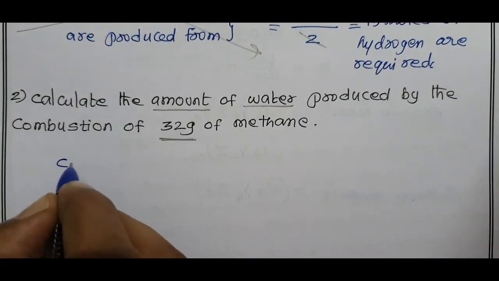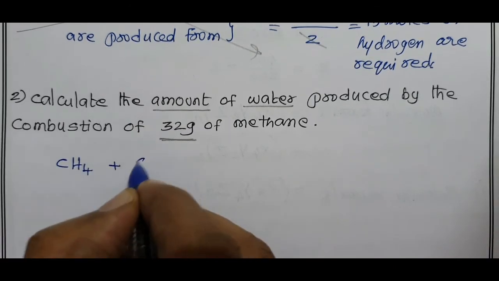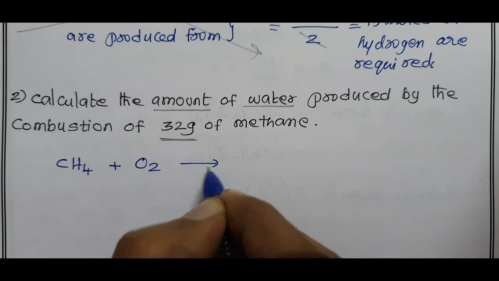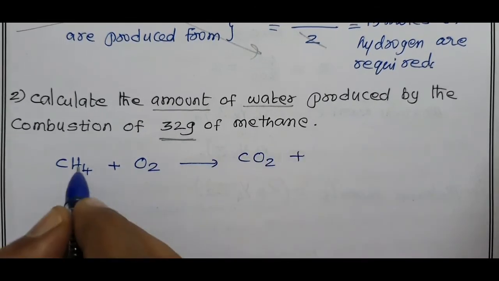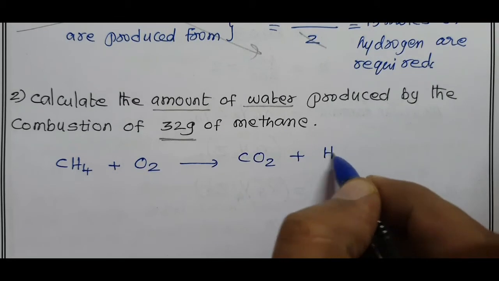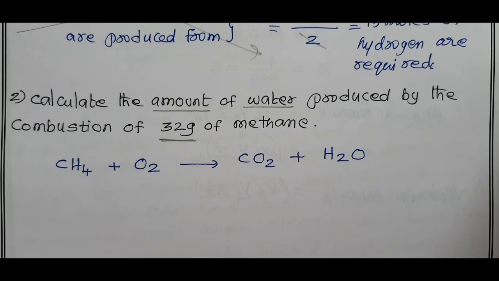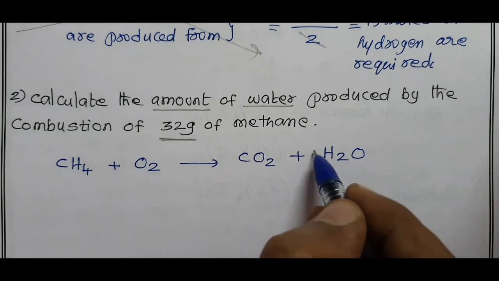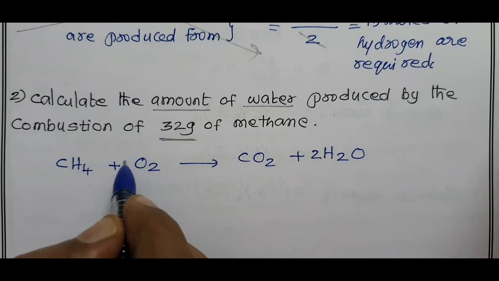Methane molecular formula CH4. Any hydrocarbon when burned in oxygen, carbon combines with the oxygen and is converted into carbon dioxide, hydrogen combines with the oxygen and is converted into water molecule. First balance equation, 4 hydrogen, 2 plus 2 equal to 4 oxygen, 2 into 2 are 4 oxygen.